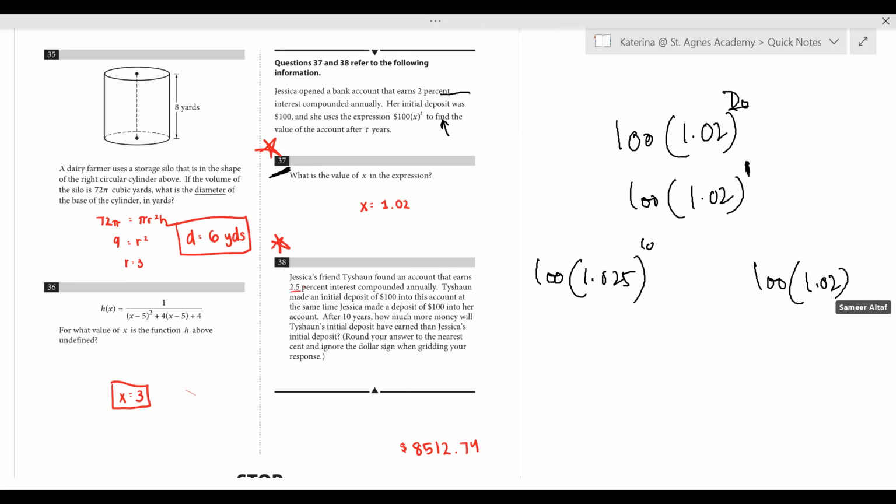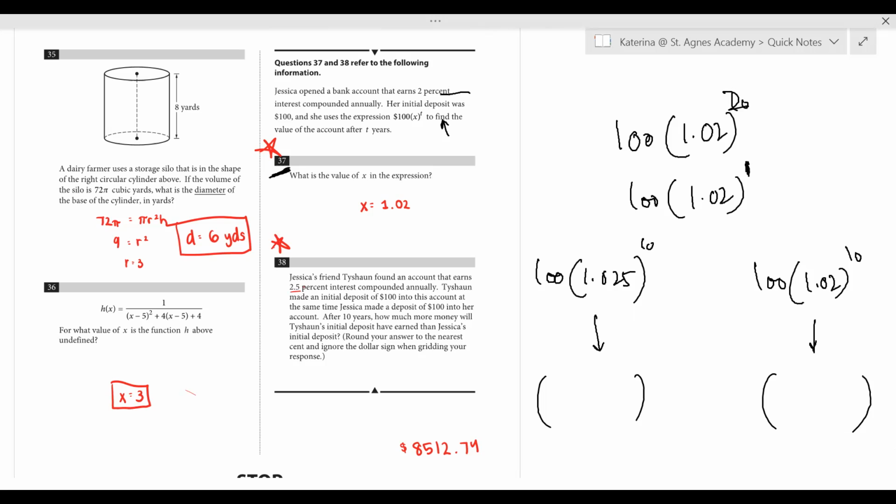So 1.02 raised to the power 10. So you have to find the compound interest of both and then subtract. Exactly. I just messed up on the 1.025. Yeah, now it's clear, isn't it? Yes, very. Okay, so can you quickly calculate it?